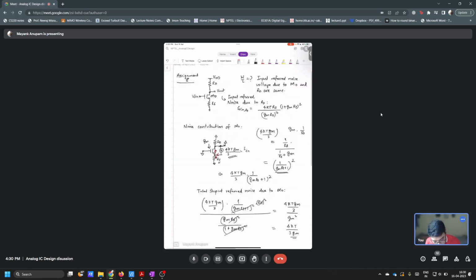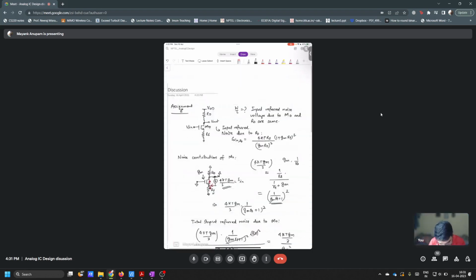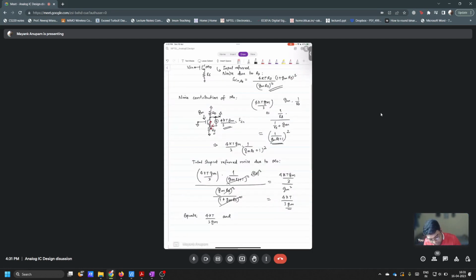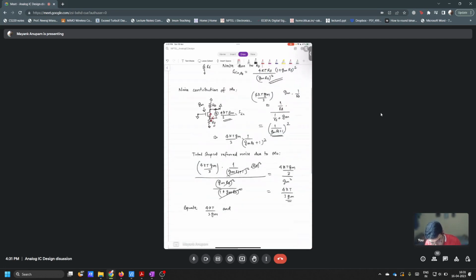And now you have to equate both of them. So you have to equate 4kT by 3 gm and the other one, which is 4kT RT divided by gm times RD square, 1 plus gm rs square, correct?